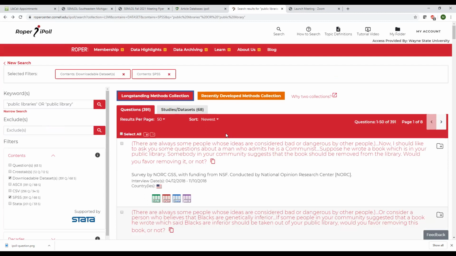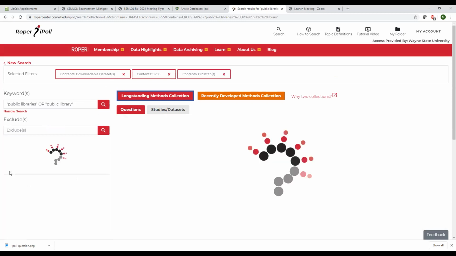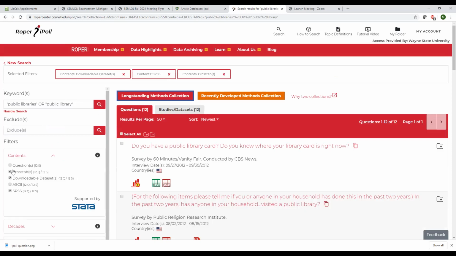Okay, this may actually even be overkill, but you could also include in the search the crosstabs feature. So you would see those areas of the crosstab, such as gender, income, party affiliation, and things that would also be included in the data set.